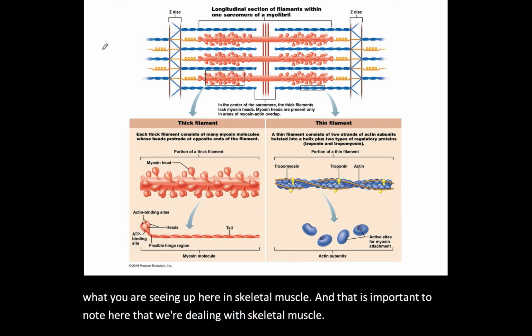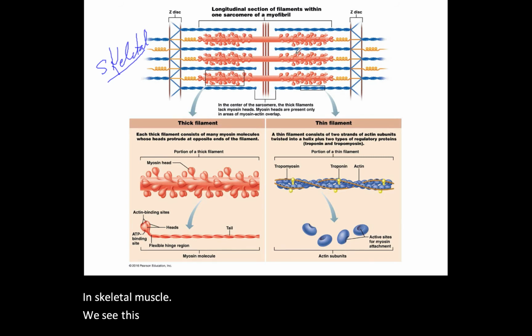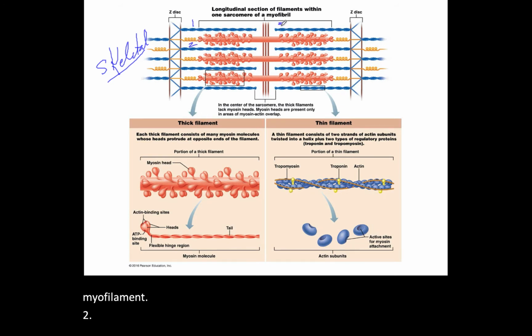In skeletal muscle, we see this very organized manner where you have a thick myofilament, right? And surrounding that thick myofilament, you have one thin myofilament, 2, 3, 4, 5, and 6.